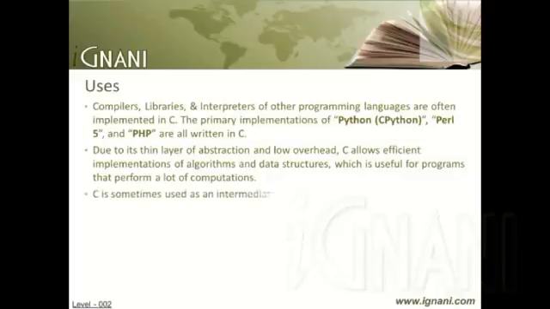C is sometimes used as an intermediate language by implementations of other languages. This approach may be used for portability or convenience. By using C as an intermediate language, it is not necessary to develop machine-specific code generators.